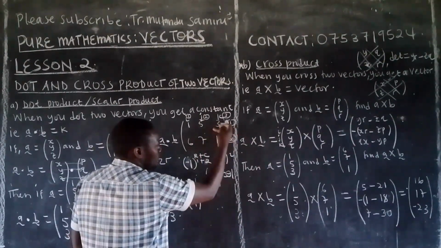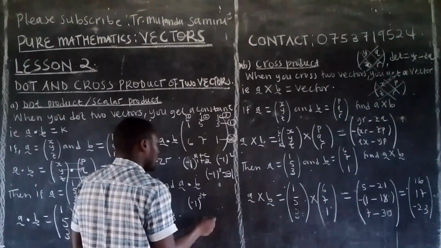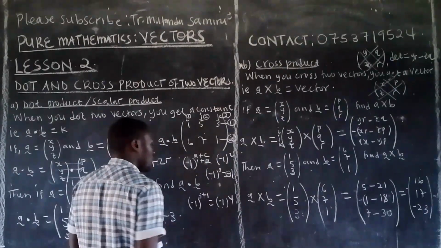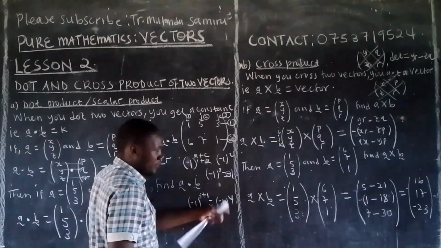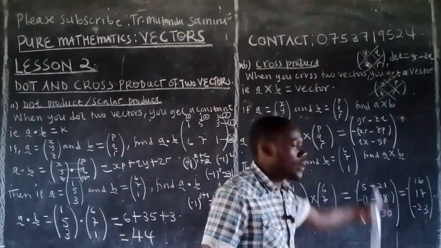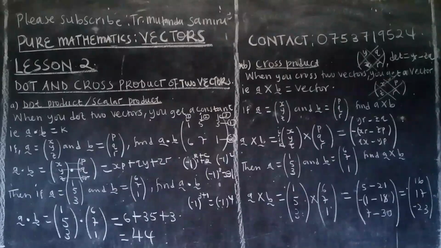We use this one here, row number 1. So it will now be 3 plus 1, so we shall have negative 1 power 4. And a negative 1 power 4 gives you a positive. That's why you have it as that. But our aim was about why that one is a negative. We are still proceeding. Let us proceed.